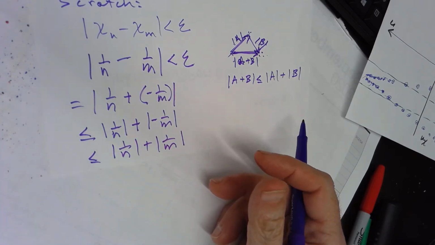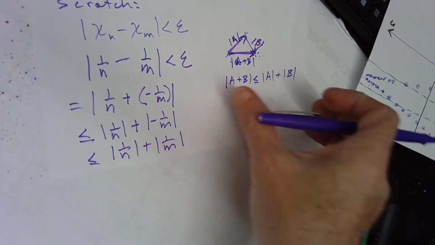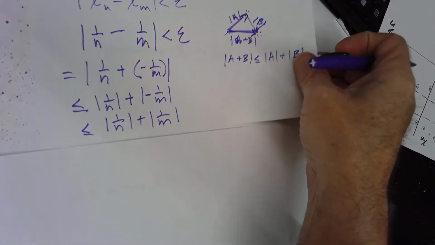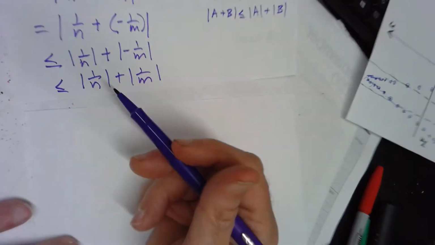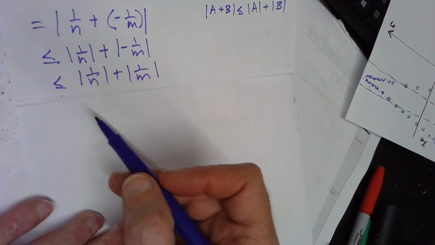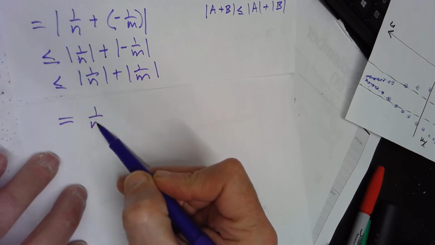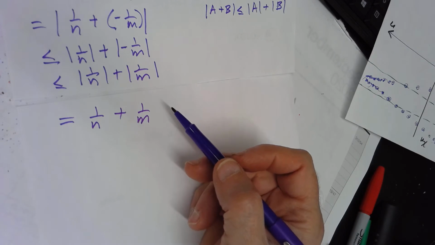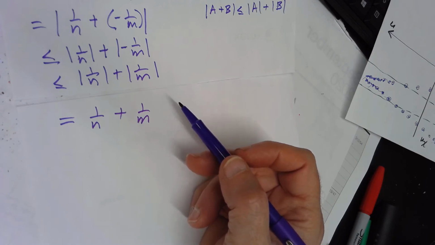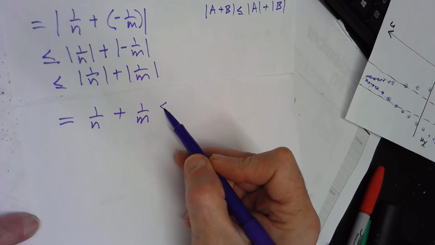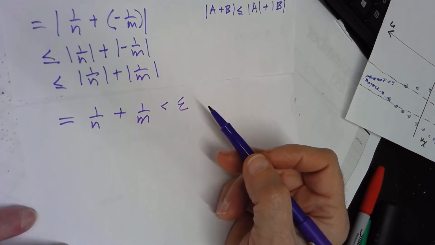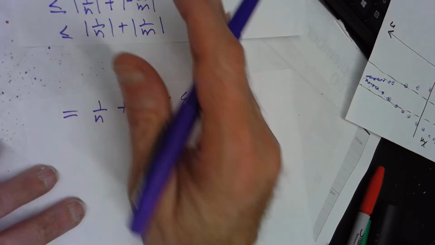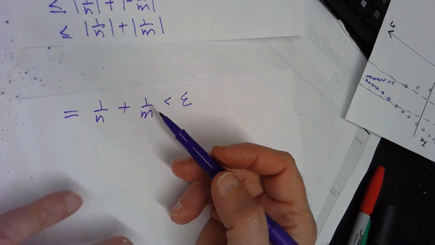And since these are absolute values, we know that they have to be positive, so we can just drop the absolute value, and so that's just 1 over n plus 1 over m. And since we want to make all of that less than epsilon, let's examine each one of these separately.